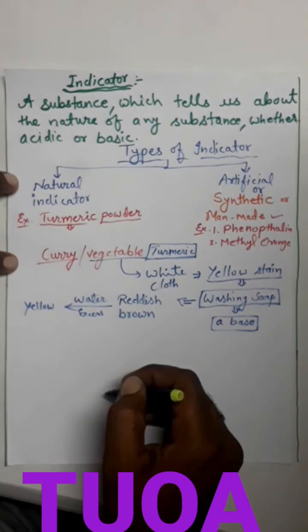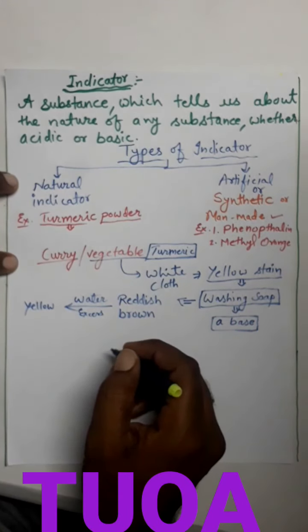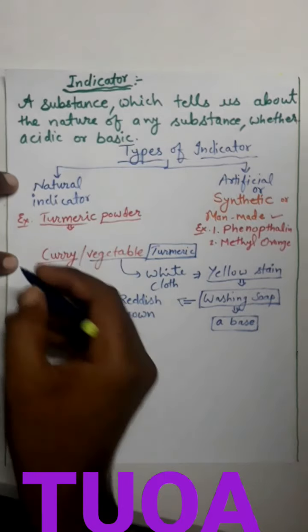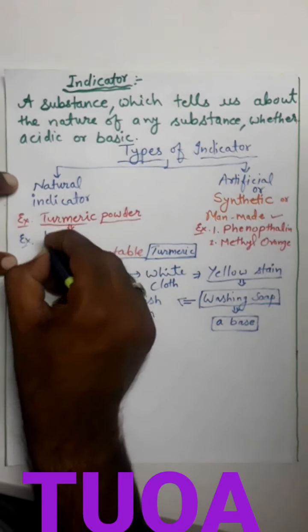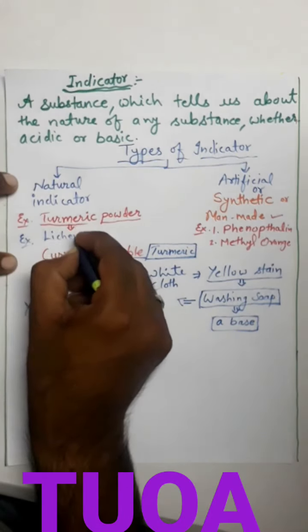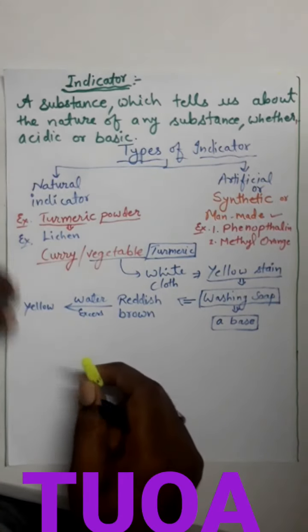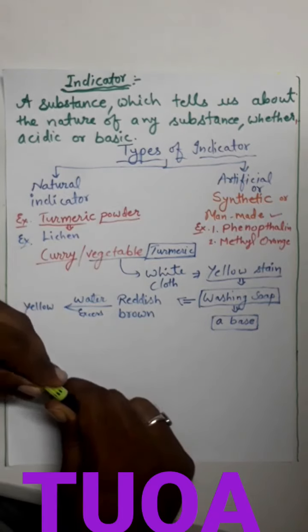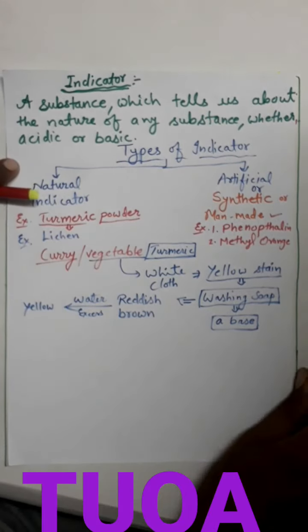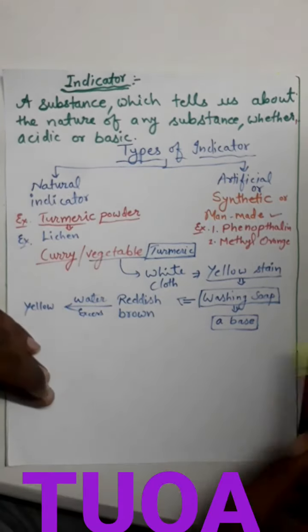Okay, turmeric powder. There are other natural indicators also. You can say lichen. Sometimes somewhere you have heard this as lichen, so that is your wish, no problem. Lichen, all are correct.